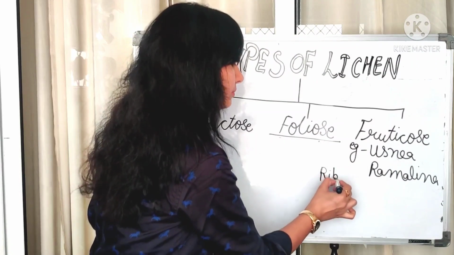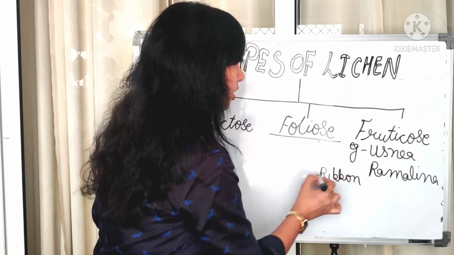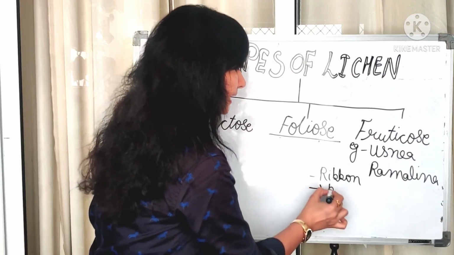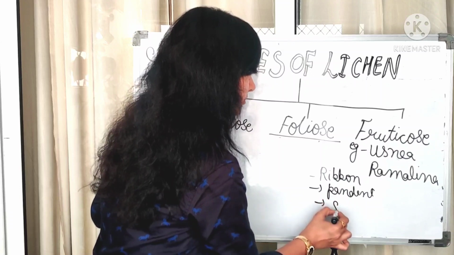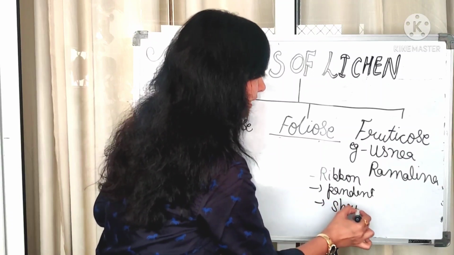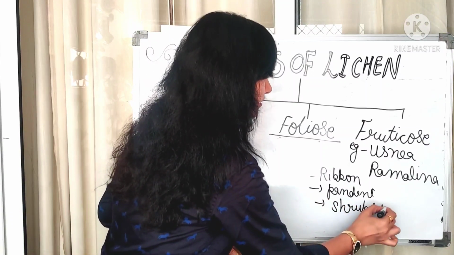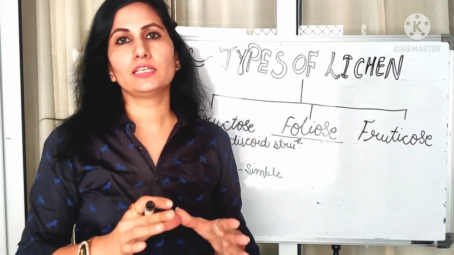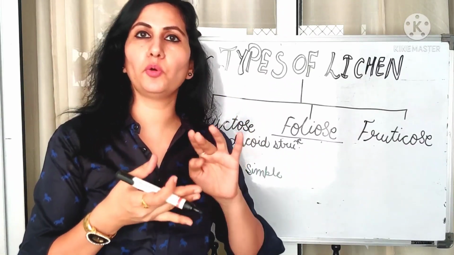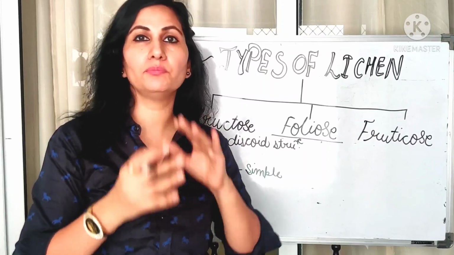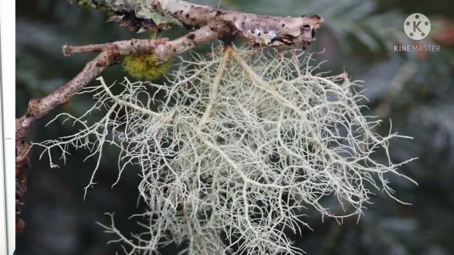Their structure may be ribbon-like, or they may look like a pendant, or they may be bushy, shrub-like. Fruticose lichen is found in various colors. It could be red, yellow, orange, black, green, multiple colors you can find them.